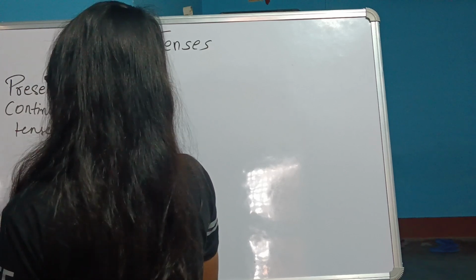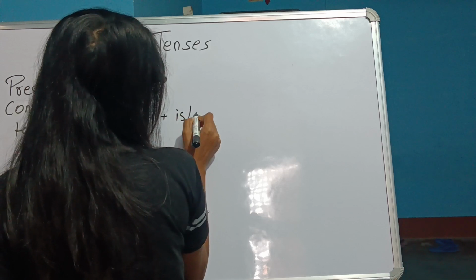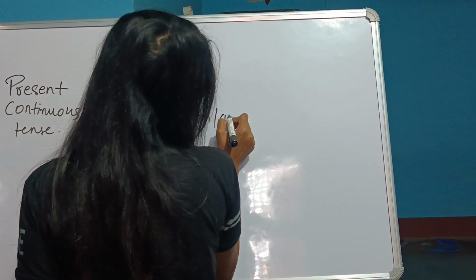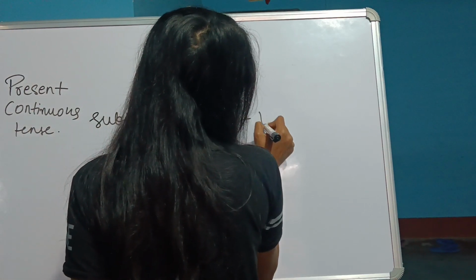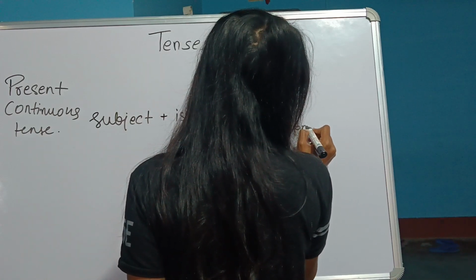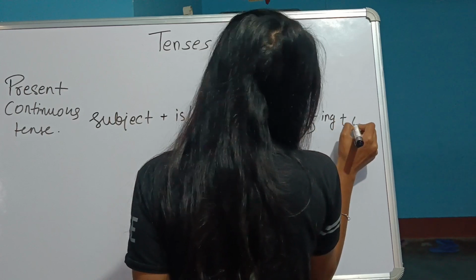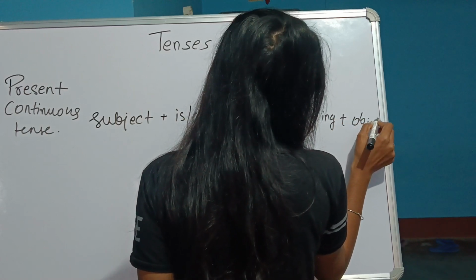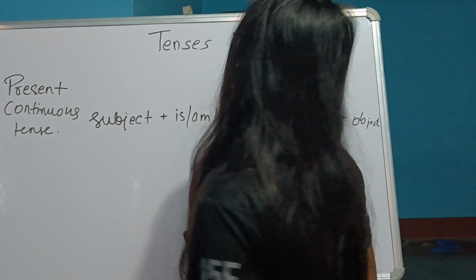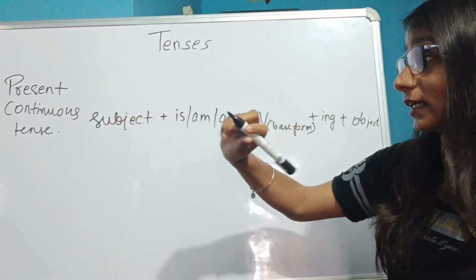subject plus is, am, are plus verb base form plus ing plus object. All right, this is the subject again.